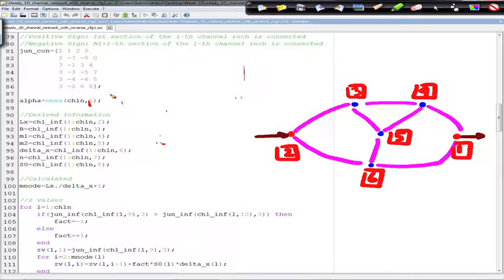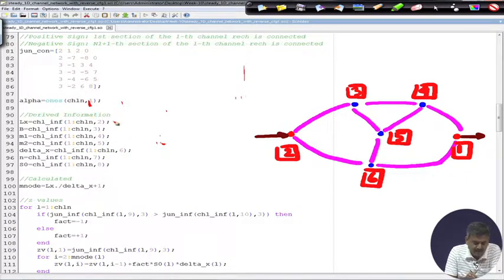Alpha values ones into channel number comma 1, that is for each channel reach we have considered alpha equals 1. Now, I can transfer these values directly to Lx. Lx is the second column, B is the third, M1 is the fourth, M2 is the fifth, Lx is sixth, N is seventh, S naught is eighth one.